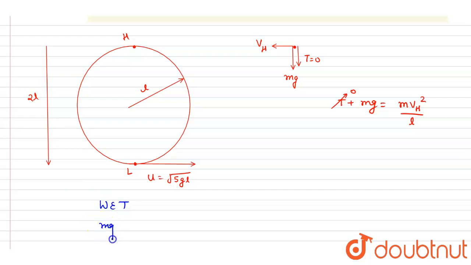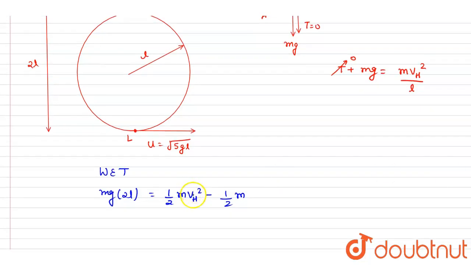Work done by gravity is equal to gain in kinetic energy, half m vl square minus half m vh square. So this is the final and this is the initial. Then you will get the velocity at the lowest position as root 5 gL.